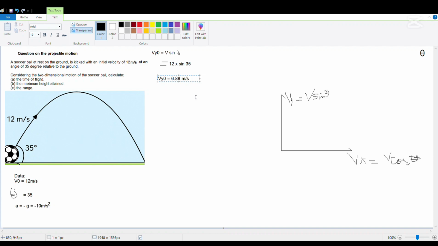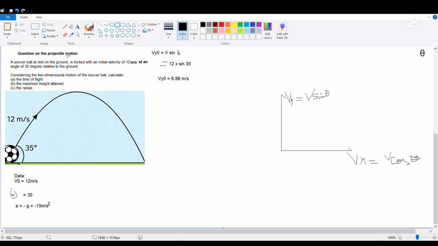Now what I do here, because I need to use the right kinematics equation, and I know I'm doing the first question here, which is time of flight. This is our question, time of flight. So we need to think about the equation which should have t in it.